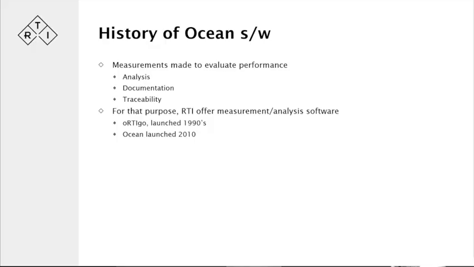Ocean, the first version, was launched in 2010, with an update released as Ocean 2014, by the way. With the recent release, the name topic was, should we call it Ocean 2020? But we landed on Ocean Next. And that was launched in 2020.